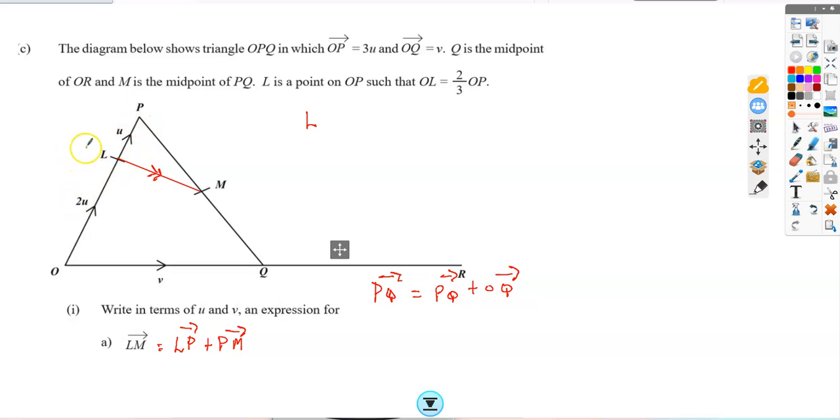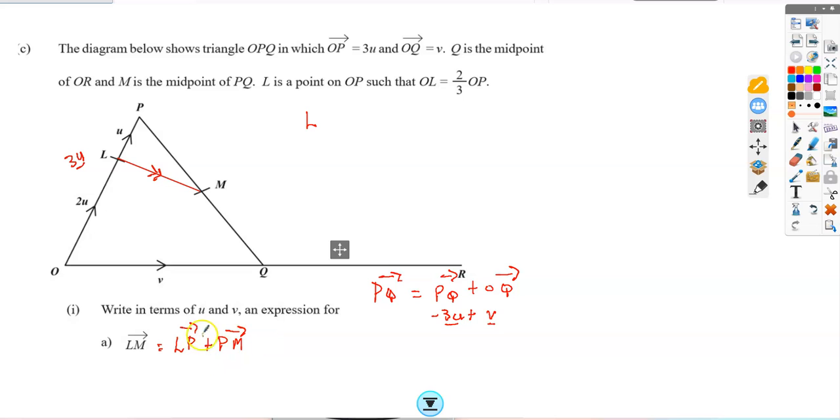PO, all of this length here, would be minus 3U, since OP is 3U. So we would have minus 3U plus OQ as V. So if we have PQ, then PM is half the length of PQ.